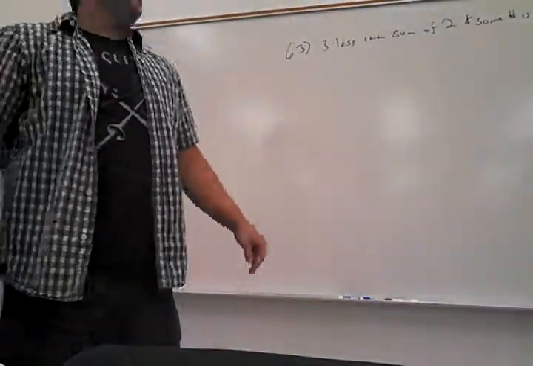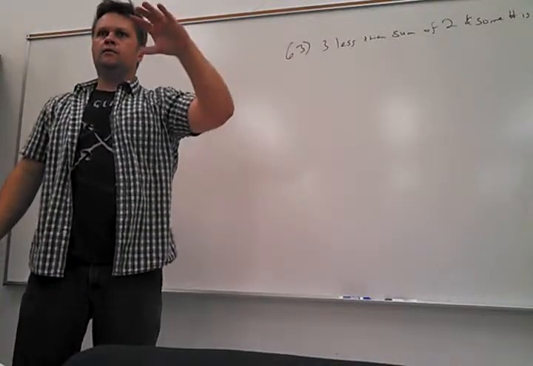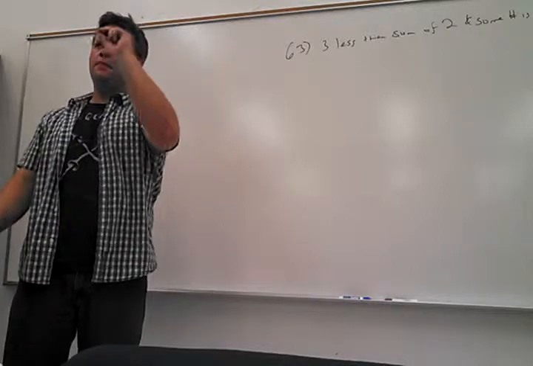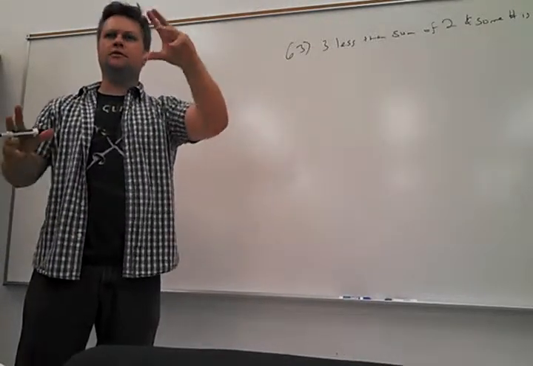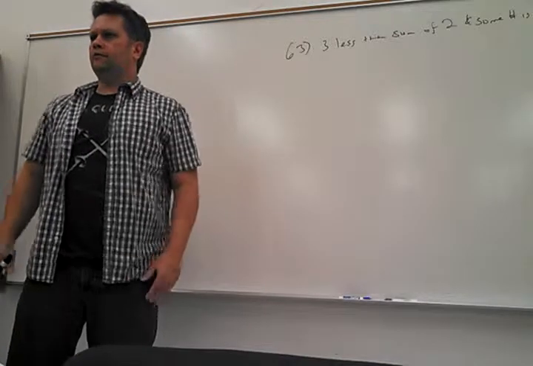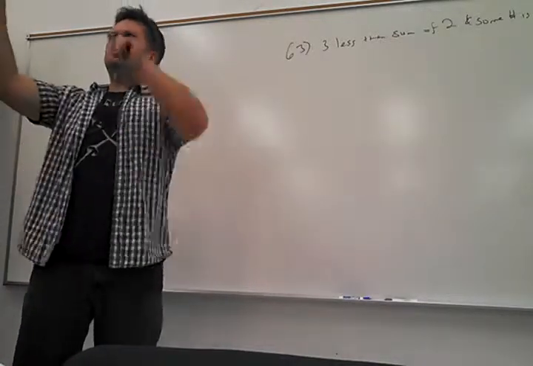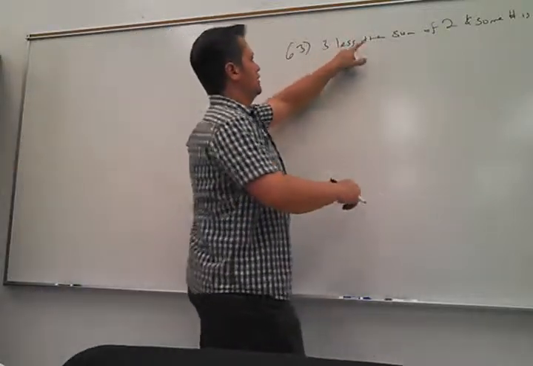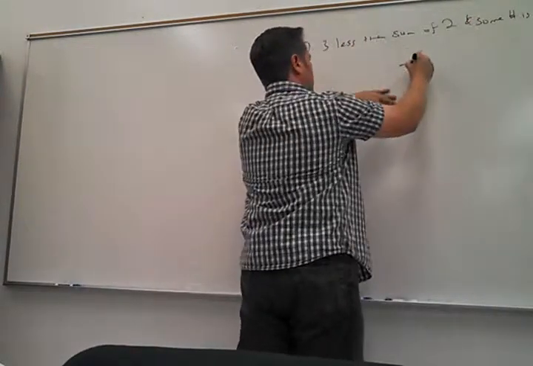So this is an English statement that I can translate directly into mathematics, right? The one thing you've got to be careful about when translating statements is the less than thing. 7 less than 10 is 10 minus 7. So 3 less than this is this minus 3.